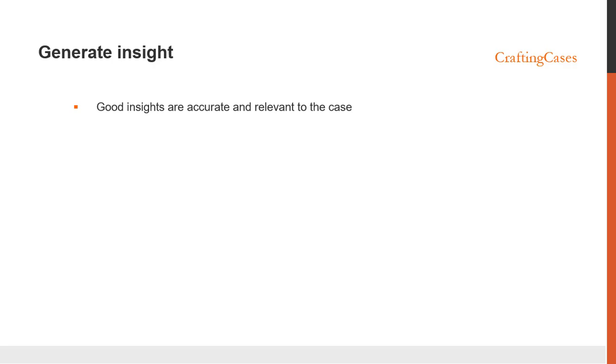So, of course, good insights are accurate and relevant to the case. But what does an insight mean? What does being relevant to the case mean? So, an insight is the one relevant message that the data tells you. And what does it mean to be relevant? So, the client has one large important question, the case question. That's the client's main problem.